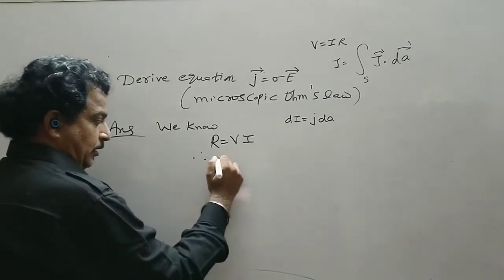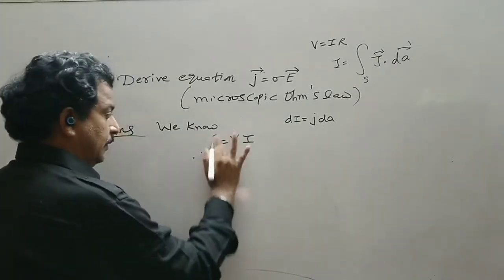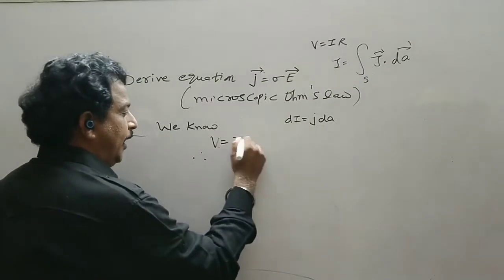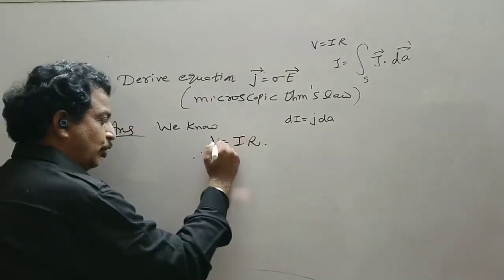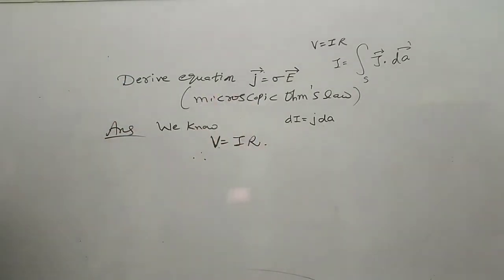Therefore, V is equal to IR. We start from Ohm's law, V is equal to IR.